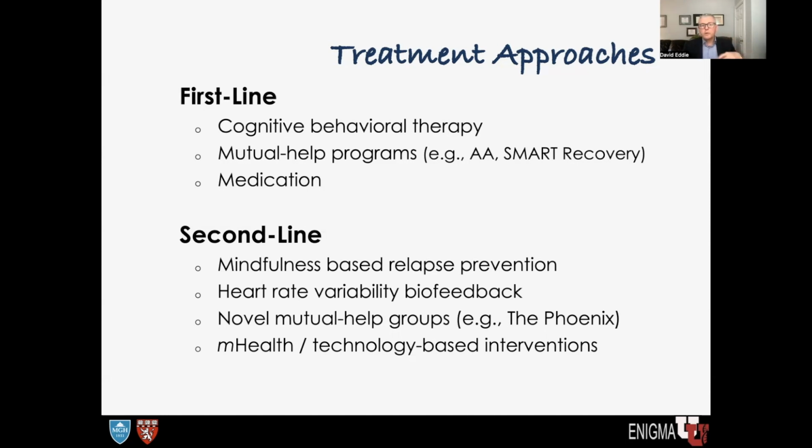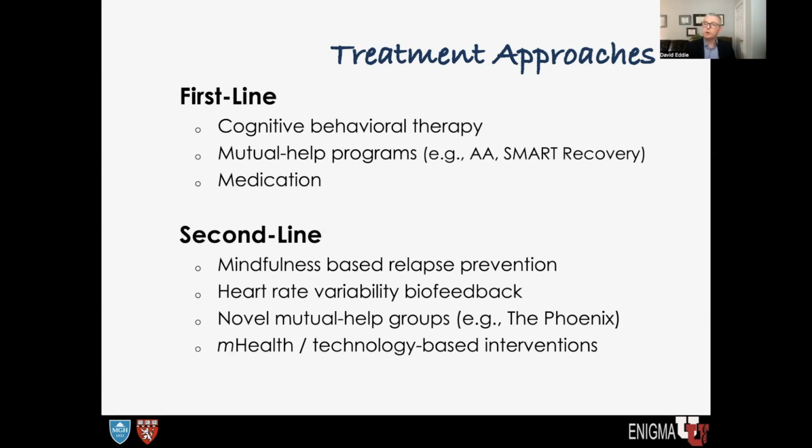In terms of the alcohol use disorder treatment literature, we know that AA does about as well as cognitive behavioral therapy in the first year. And then beyond the first year of recovery, AA actually has a bit of an edge over cognitive behavioral therapy in terms of better outcomes. And that's not too surprising when you think about it, because with cognitive behavioral therapy, folks usually finish treatment and then move on and hopefully apply the skills in their lives, but they're often not getting ongoing support.